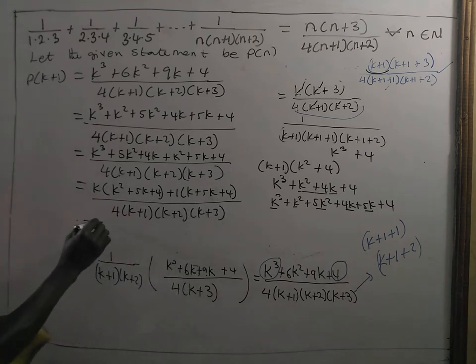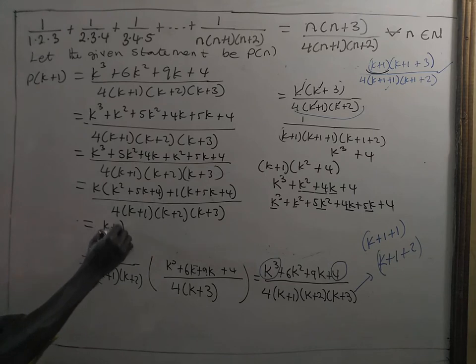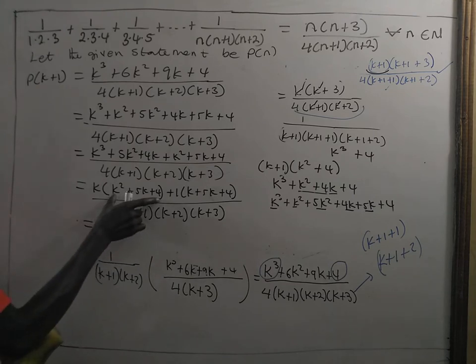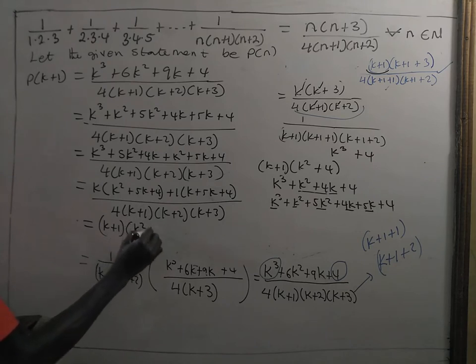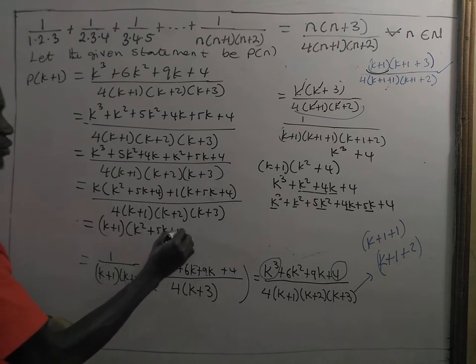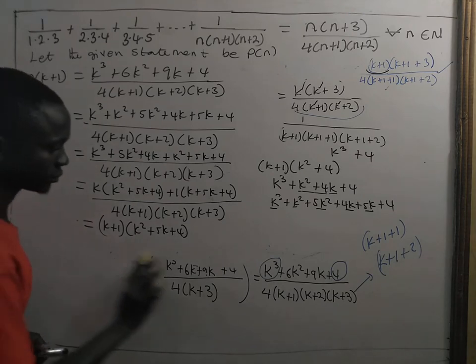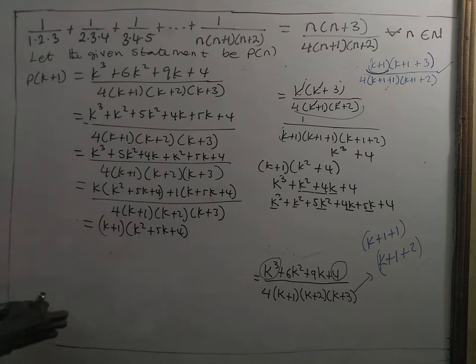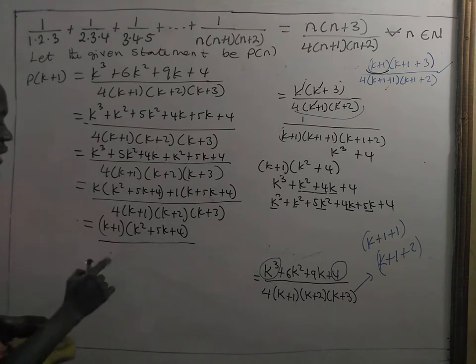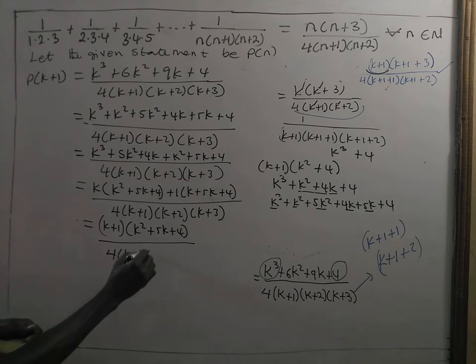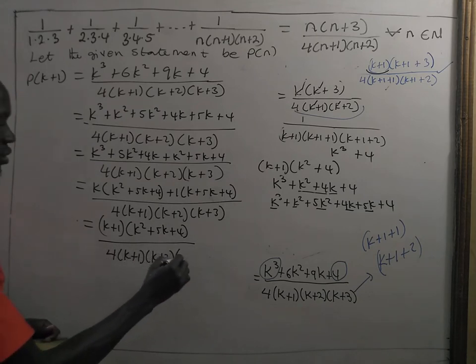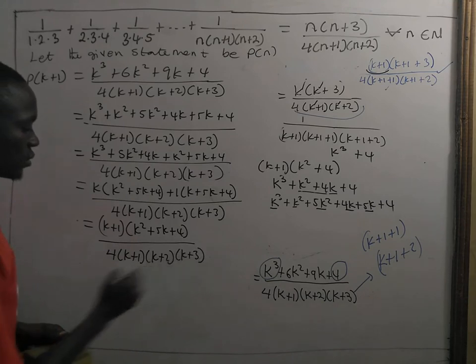And this gives k plus 1 times, I'm factorizing k squared plus 5k plus 4 out, k squared plus 5k plus 4, all divided by 4 times k plus 1 times k plus 2 times k plus 3.